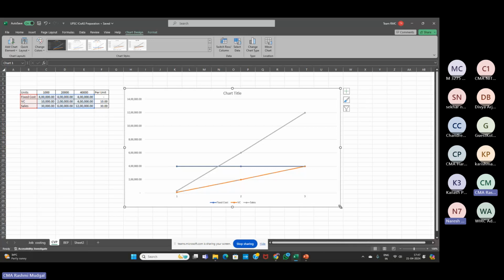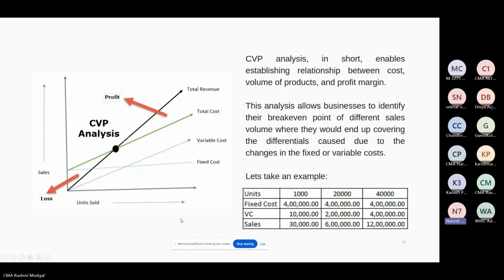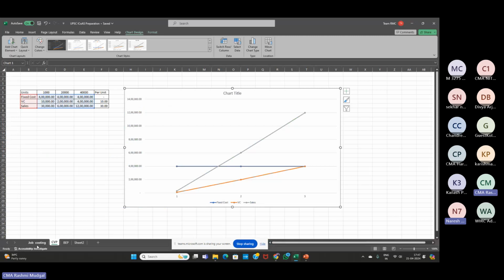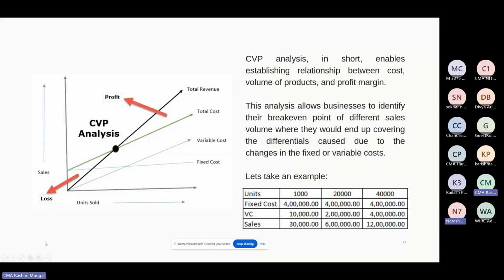I can see a pictorial graph, and I can see where I can beat my fixed cost, as well as what profit I can make out of it. So this was a pictorial graph of CVP analysis. I will share the Excel with you at the end of the session because I am taking job costing, CVP and others in the same Excel sheet, so that you can get all the problems in one Excel.